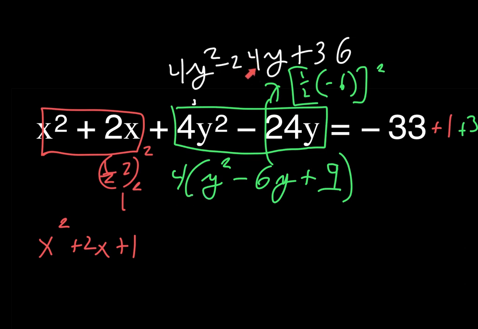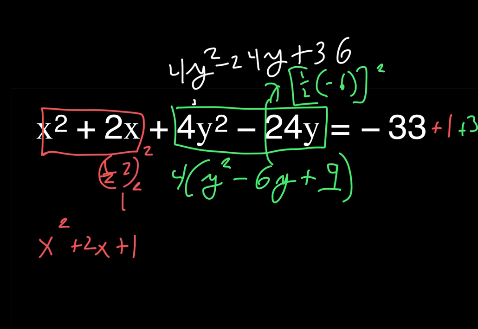Factor a 4 out of negative 24, that's negative 6. Factor a 4 out of 36, that's plus 9. So I had to do the completing the square inside the parentheses, but this 9 added to the left side of the equal sign had to be multiplied by 4, which is why it's a 36 on the right.